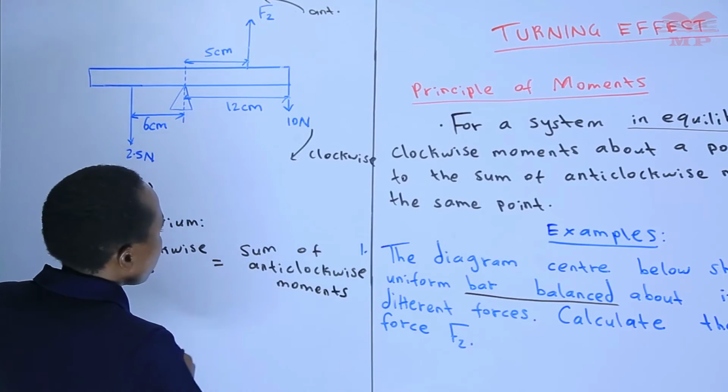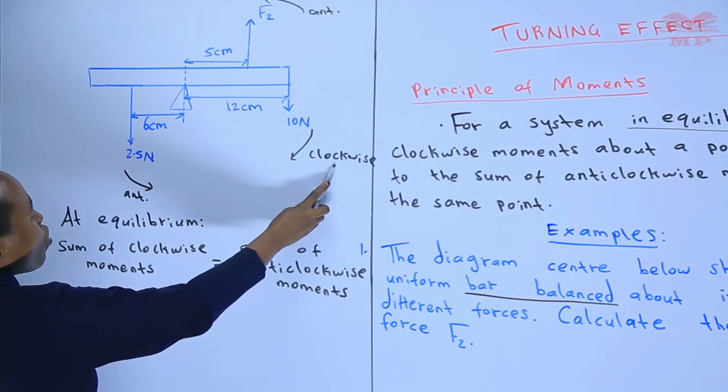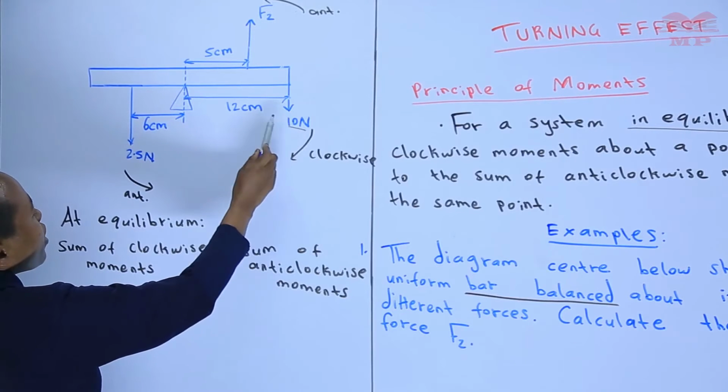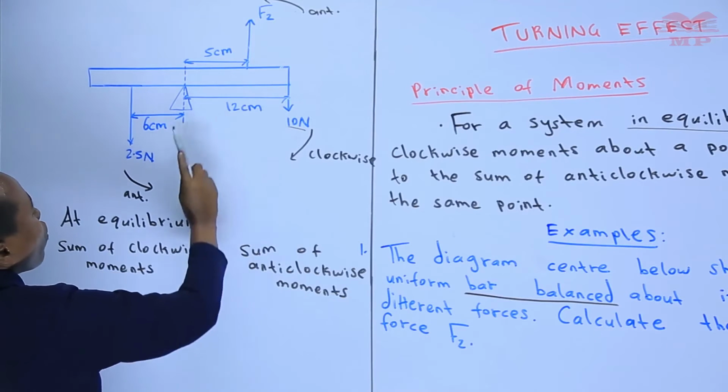So we want to see which moment is clockwise, which one is anticlockwise. So we calculate the moment here, and moment is given by force times the perpendicular distance from the point of support to the line of action.